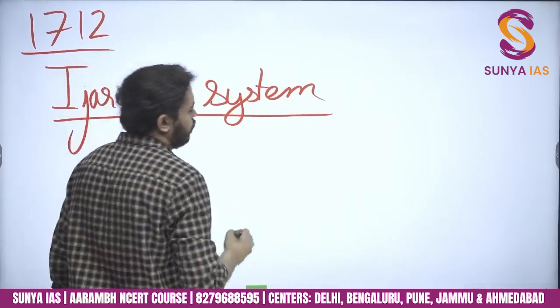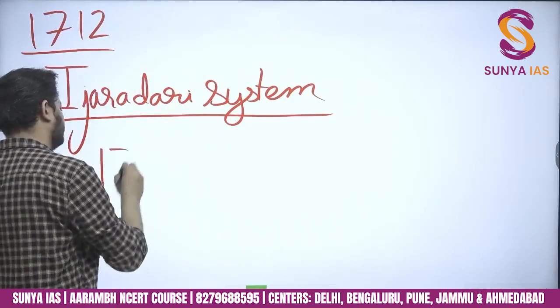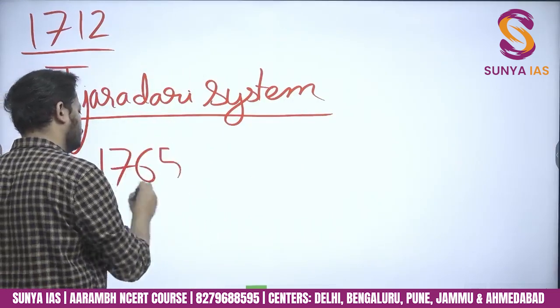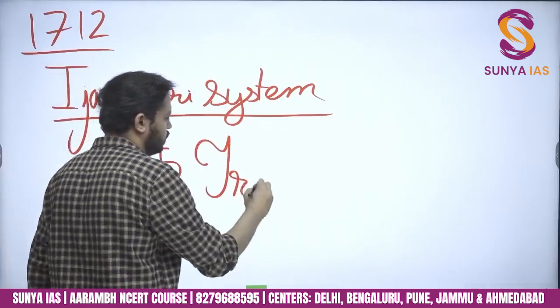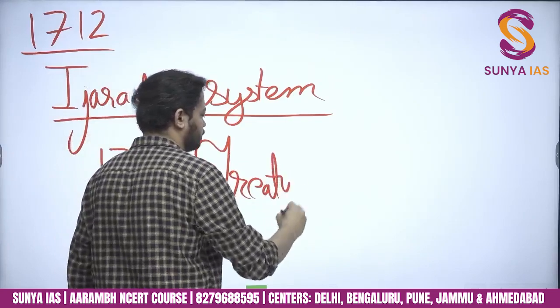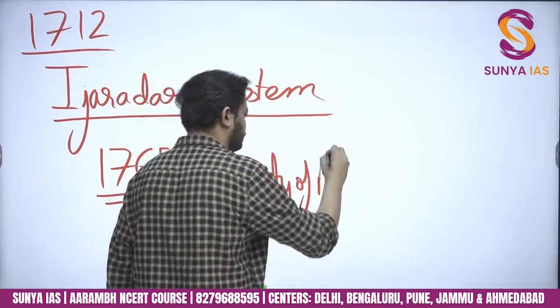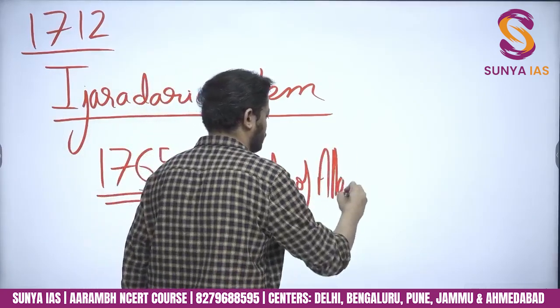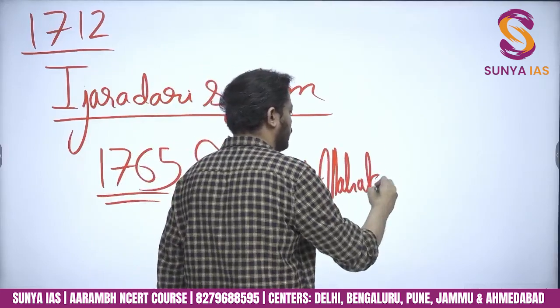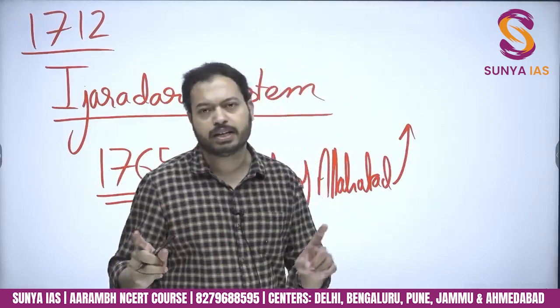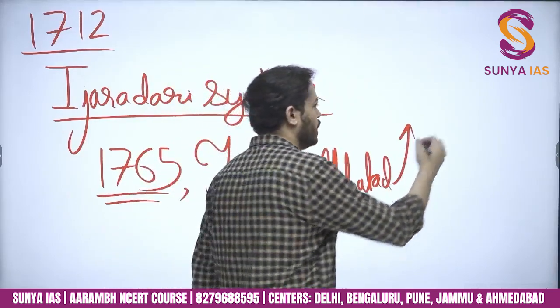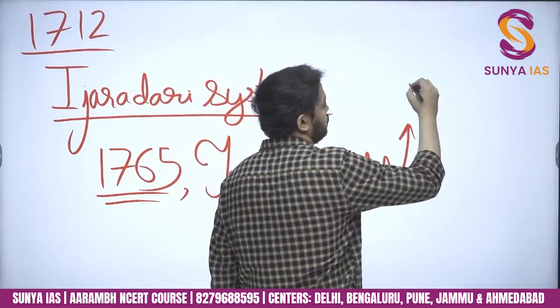In 1765, after the Treaty of Allahabad, the Diwani, the tax collecting power, went into the hands of the East India Company.